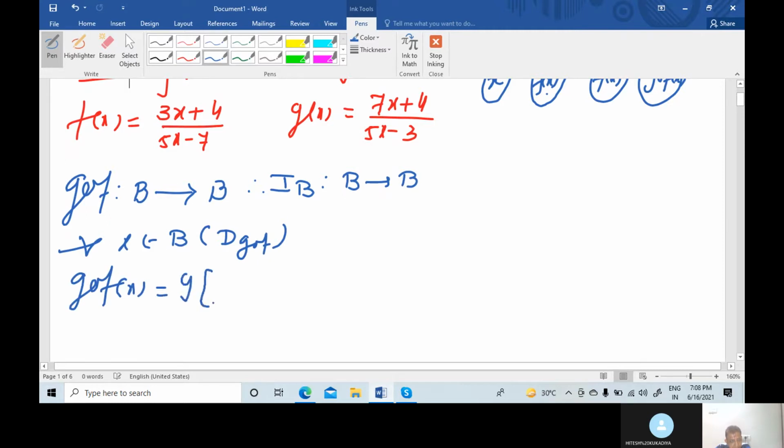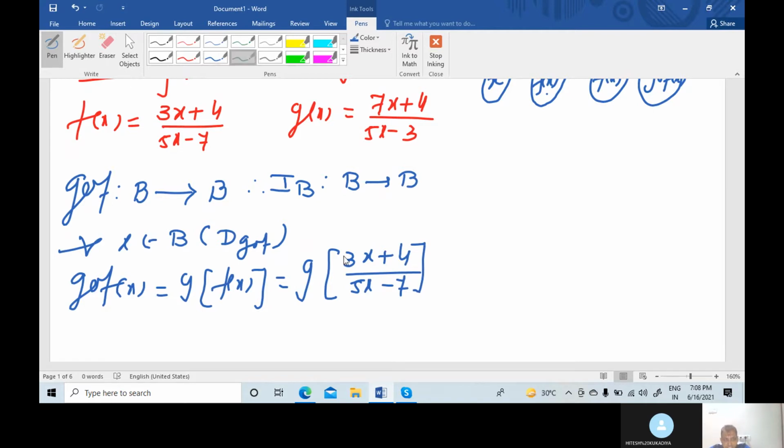G of F(x), write simply in the form GOF(x). So G of F(x), F(x) is what? F(x) equals (3x + 4) upon (5x - 7). For the function G, this is x. What about the function G?